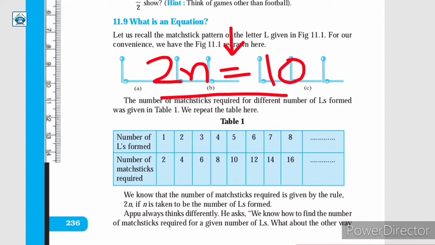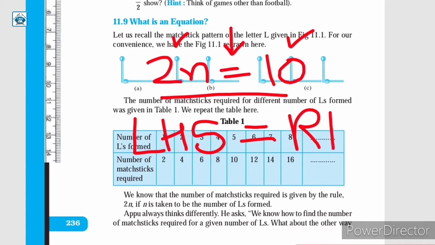Since we have the equal to sign in the middle, there are numbers or terms to the left hand side of the equal to sign and to the right hand side of the equality sign. So यहाँ पर अगर left hand side we call it as LHS. If it is equal to the right hand side, that is RHS, then we say that the equation is satisfied.